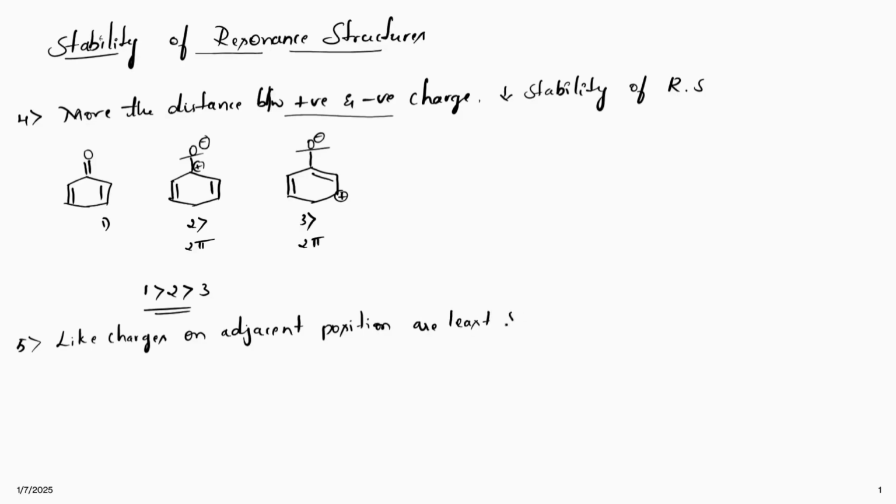That means presence of positive charge next to positive charge, or negative charge next to negative charge, or a lone pair of electrons next to a negative charge. Okay, these are the like charges present on adjacent positions that are least stable. We'll take an example.